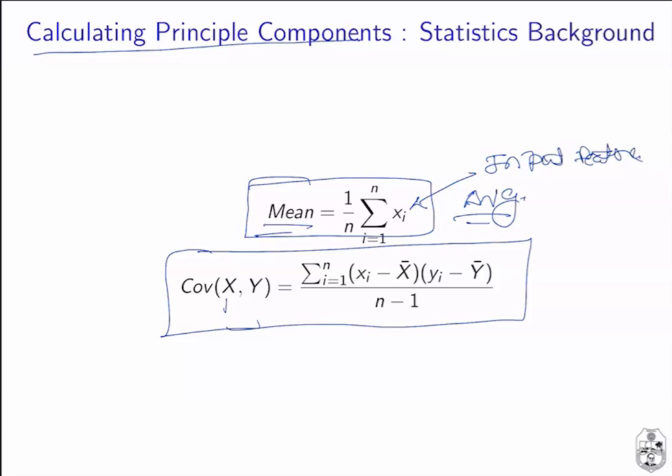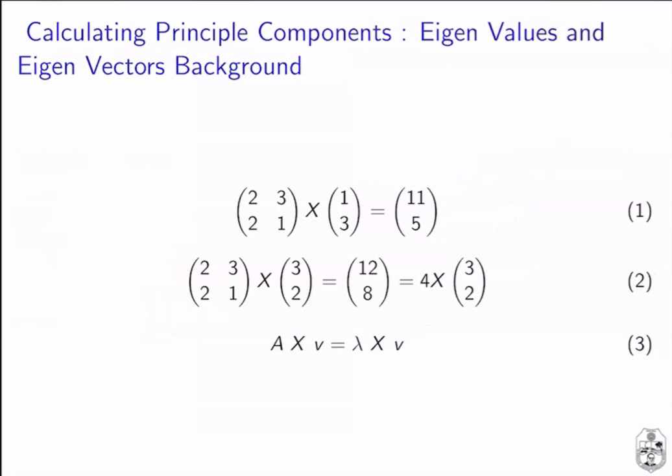Covariance is always calculated between two features. X and y are the two features, and this is the formula to calculate the covariance, which is nothing but x minus x bar, where x bar is the mean value. The mean value is calculated like this. So we need to know these formulas.